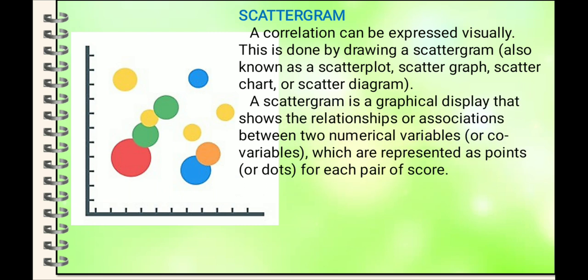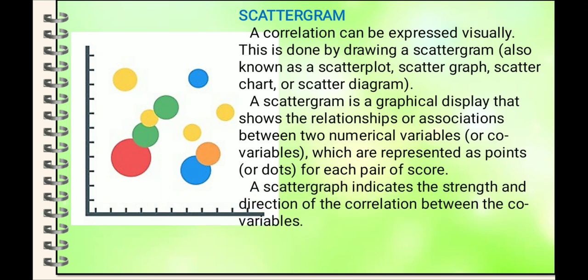A scattergram is a graphical display that shows the relationships or associations between two numerical variables or covariables, which are represented as points or dots for each pair of scores. A scatter graph indicates the strength and direction of the correlation between the covariables.